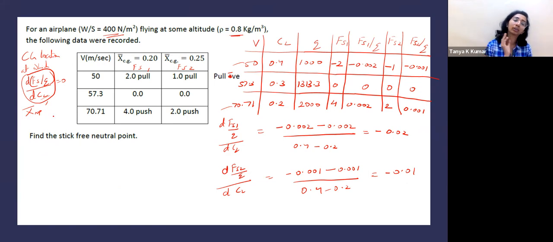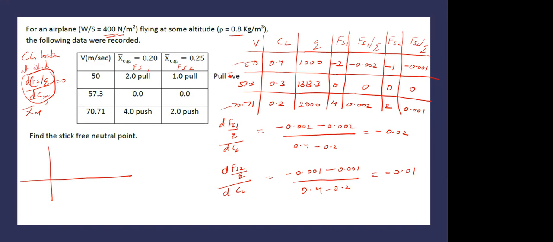It's the value of CG where the slope becomes 0. Right? So what is the graph that we have to draw? What is on the y-axis? What is on the x-axis? Try to think. On the x-axis, we will take the CL values, and on the y-axis, we will take the FS by Q.